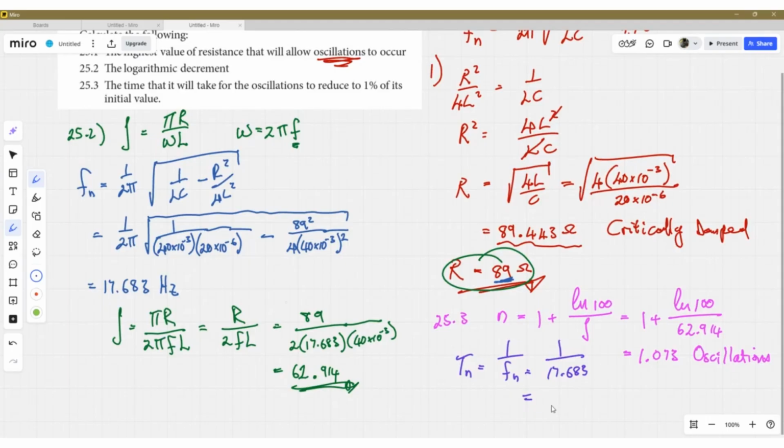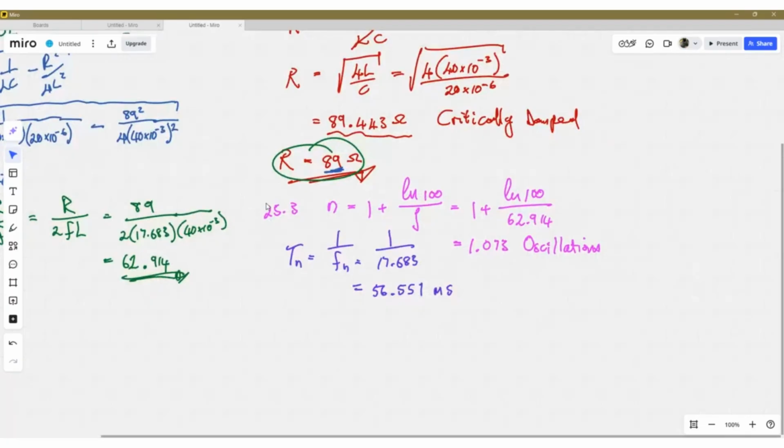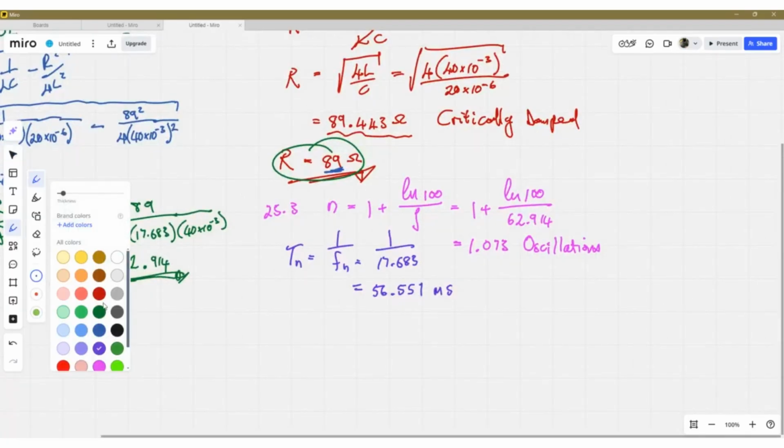That's 56.551 milliseconds. Now we can calculate the total time it will take for our oscillations to get to that 1% value.